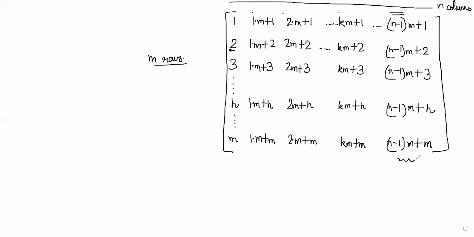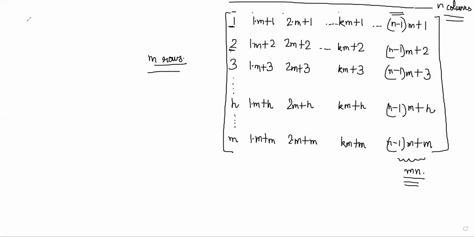Notice that this is equal to mn. You start from 1 and you end up at mn, with m rows and n columns. So we have made this table of numbers.